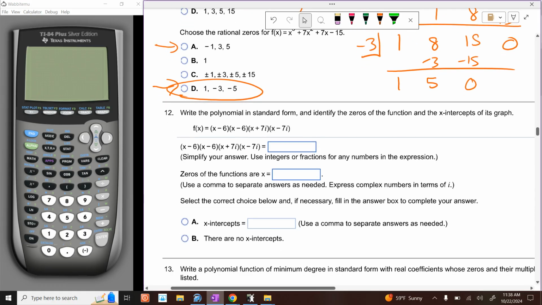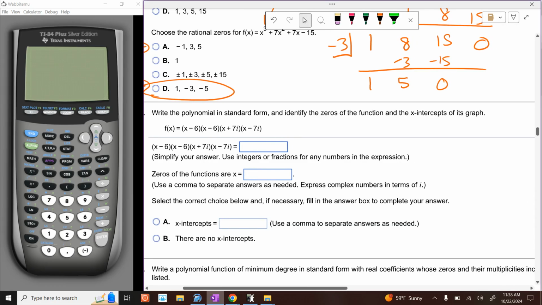Write that polynomial function. All right. So x minus 6 and x minus 6 is x squared. Outers is negative 6x, inners is negative 6x, minus 12x plus 36. Okay? That's the first two. Now, I would use sum and product of the roots to figure out what 7i and negative 7i are. What's the sum of 7i and negative 7i? 0.